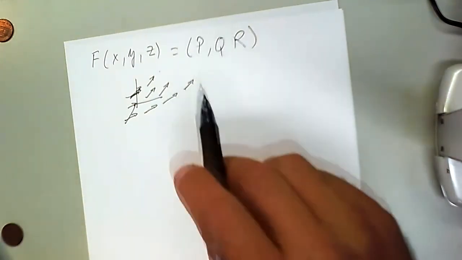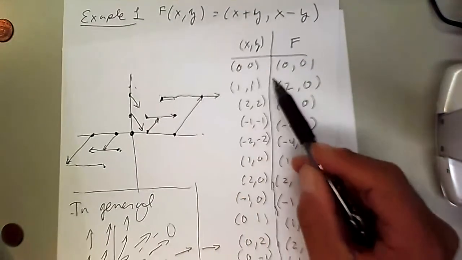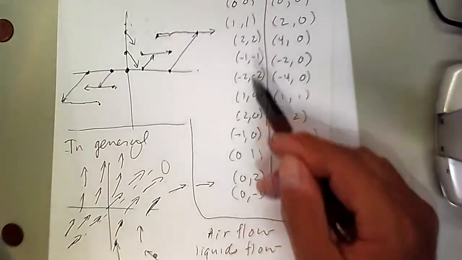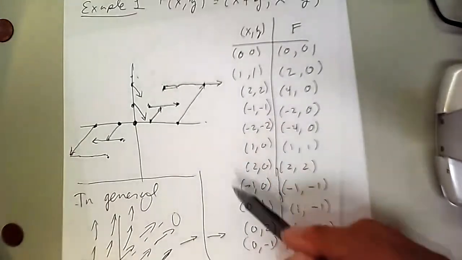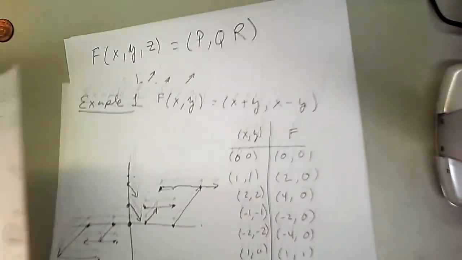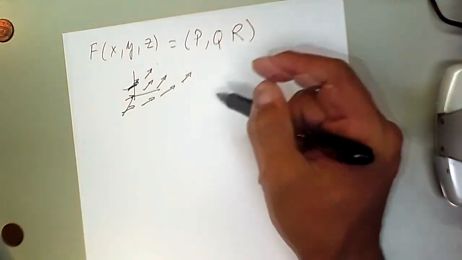Again, the way I handle them oftentimes to have a better idea of what's going on is to draw a table. How many do I put in inputs? As many as necessary to understand what's going on. And then here, if I was doing an example in 3 dimensions, I would do the same thing.